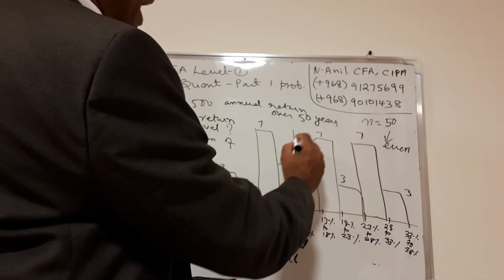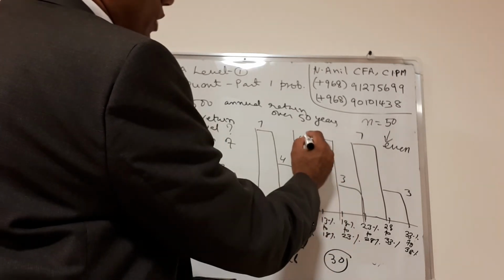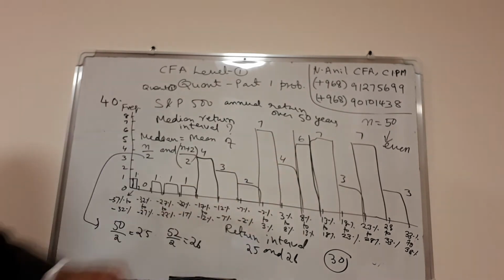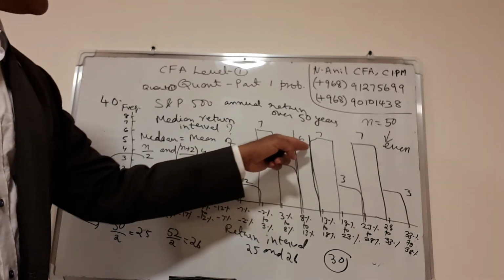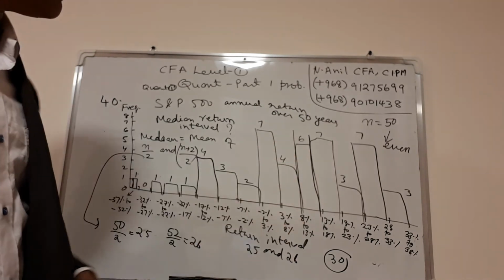If we add 6, it will become 30, so it will lie in this interval. Till here, if you sum the frequencies, you are doing the cumulative absolute frequency, which is 24, and this is 30. So the 25 and 26 will lie in this interval.